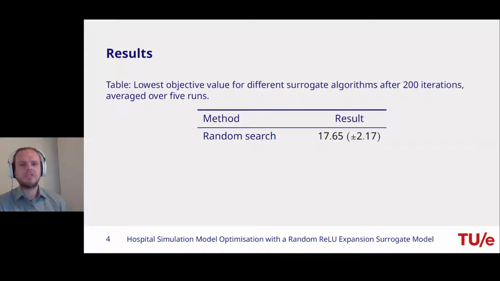In this challenge, the algorithms were only allowed to run for 200 iterations. So we compared different algorithms with this limited budget, and we reported the lowest objective value after averaging over 5 runs. The first method that we tried was a baseline random search, which just randomly chooses inputs to the simulation, outputs the output of the simulation, and keeps the best result.